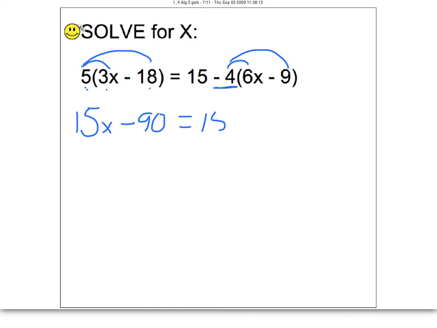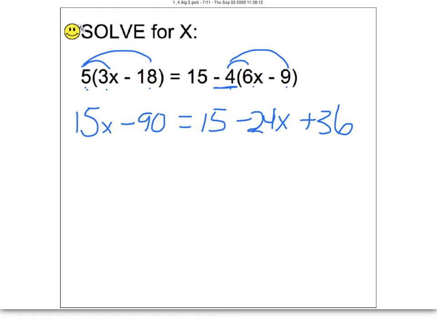Equals 15, and then negative 4 times a positive 6x, negative 24x. Negative 4 times a negative 9 plus 36. If you're struggling with getting any of these multiples, just use your calculator.